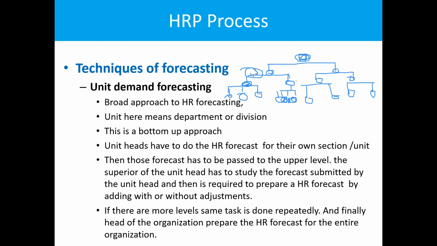And he thinks that he needs another sub-department. Need to employ 2 more people. Then altogether, how many? 5 people needed. Right? So likewise, different predictions come from different sections.